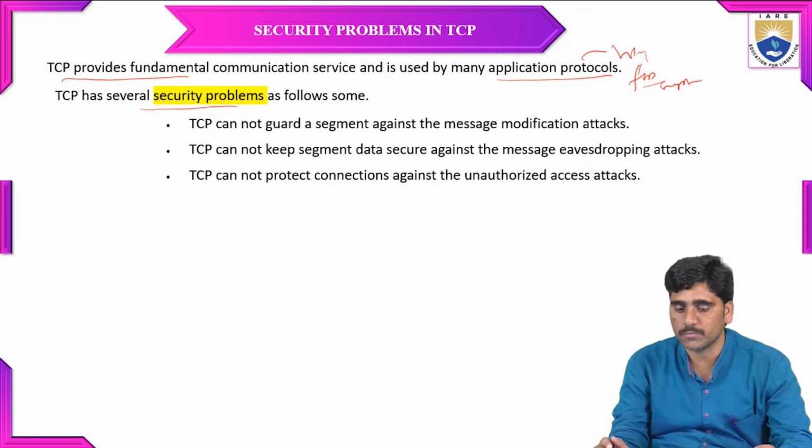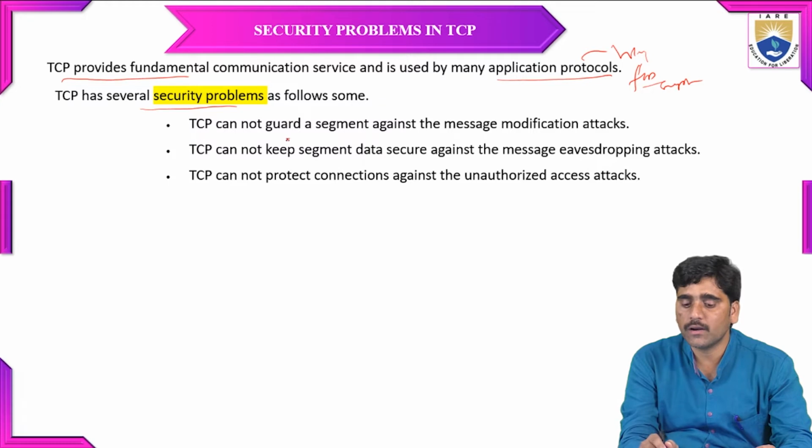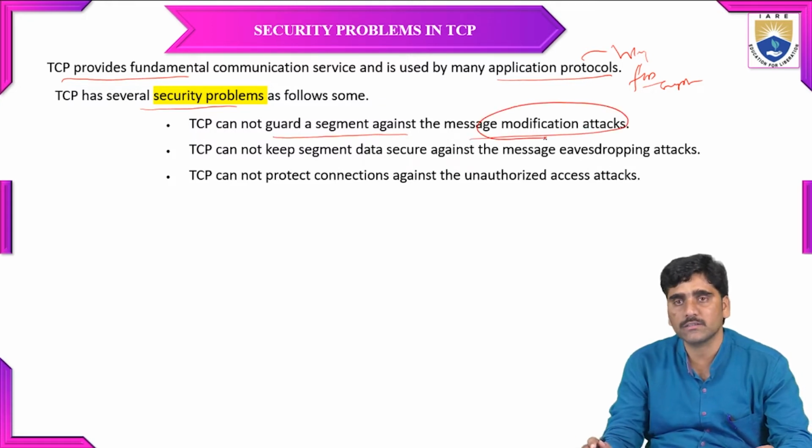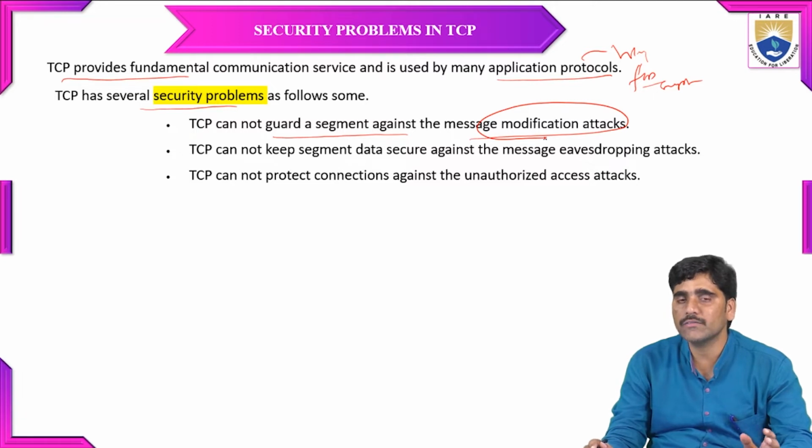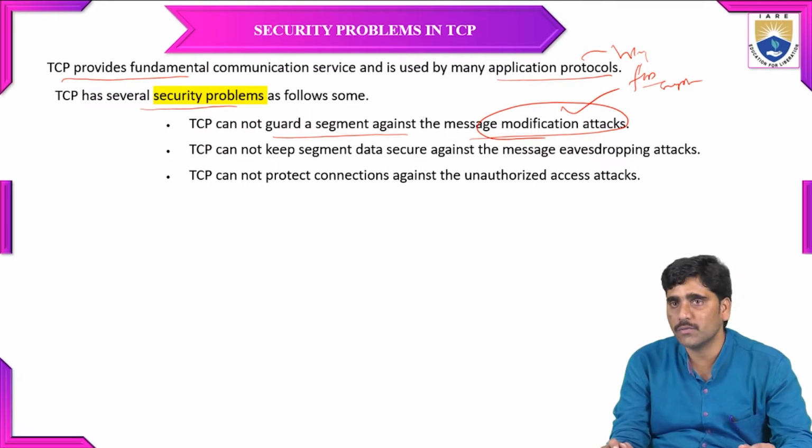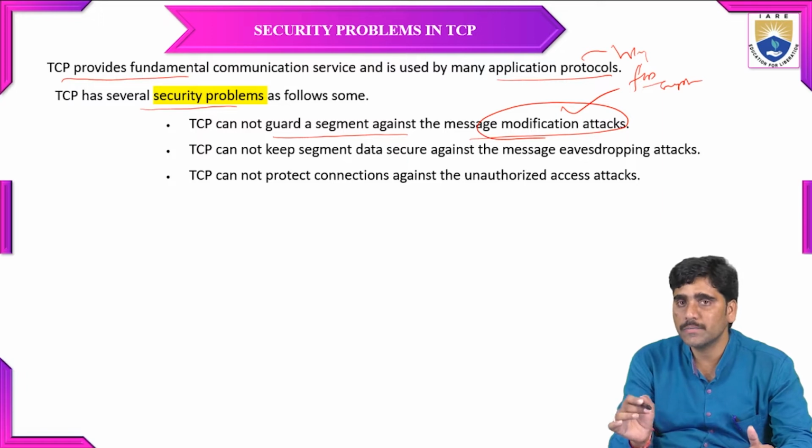So what are the problems actually? TCP cannot guard a segment against message modification attacks. TCP cannot give a guarantee for segments against message modification attacks, so in the middle of the transmission there may be a chance to modify the message.